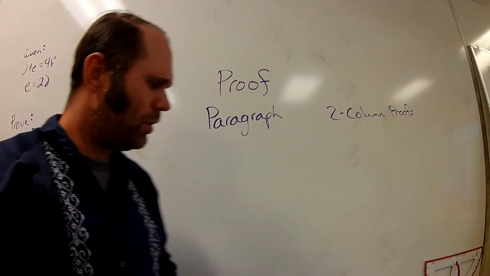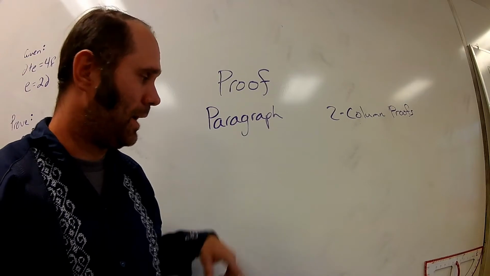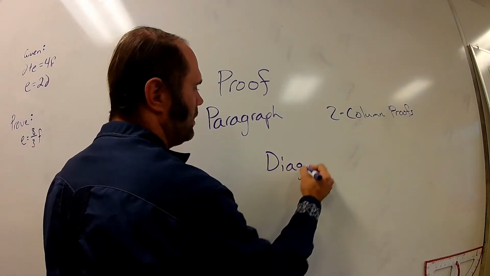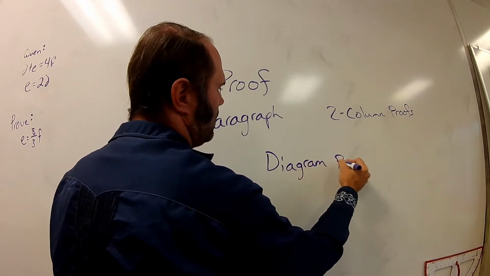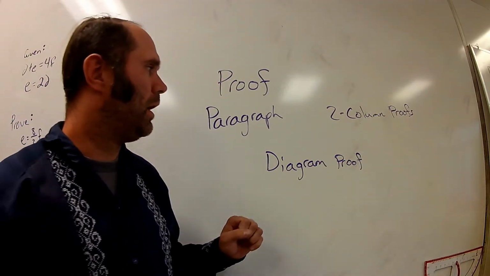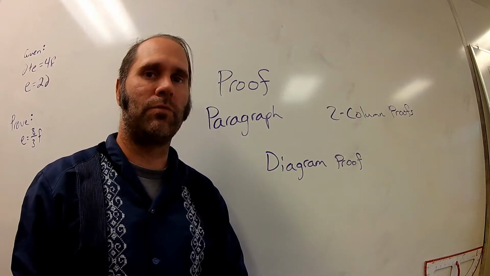There are also proofs where you do a diagram. So there's also a diagram proof. So there's three types: paragraph proof, two-column proof, and diagram proof.